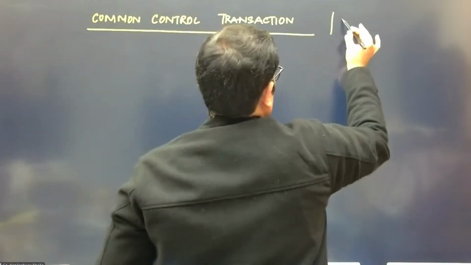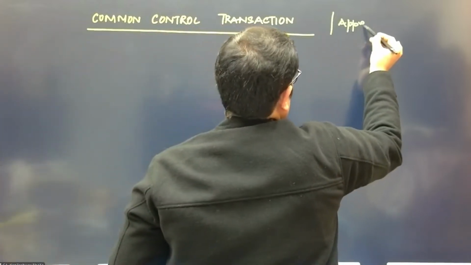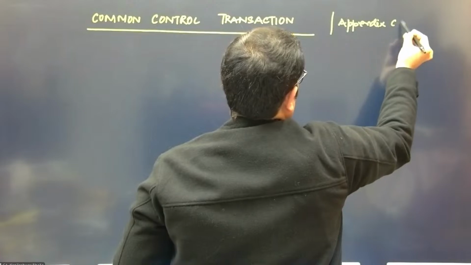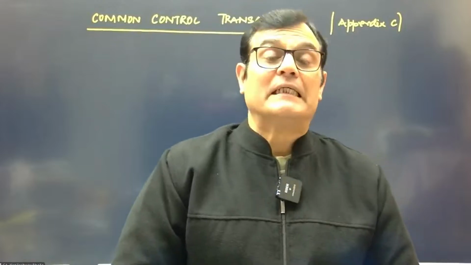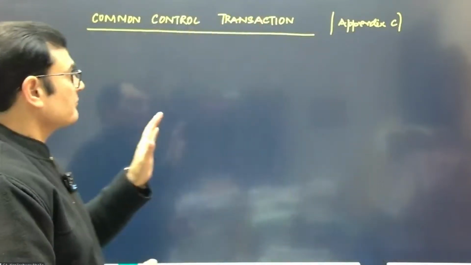In terms of the common control transactions, the guidance, as I said, is given in Appendix C of Ind AS 103. And let me also tell you that if you look at the corresponding IFRS, this common control is not supposed to be an appendix. This is one of the exceptions which is given in terms of IFRS 3.